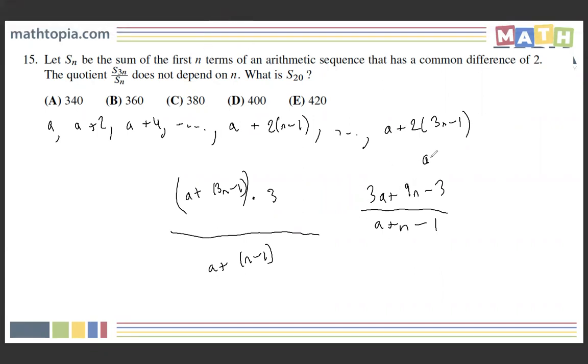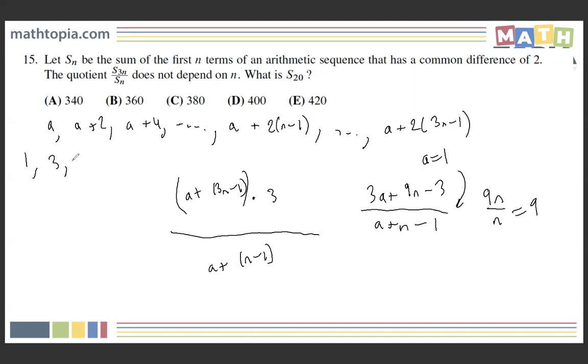And if we make a equal to 1, then that ratio is just 9n over n, which is just 9. So a equals 1 is the term that cancels out the n's. So basically a equals 1.